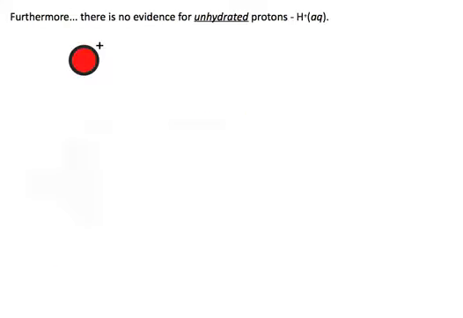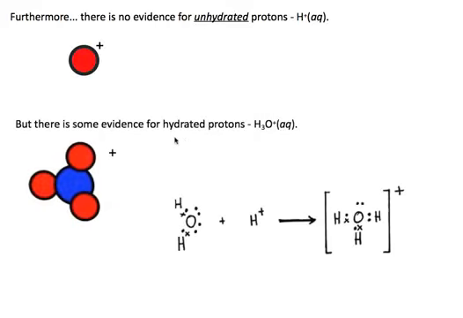And the other issue was this notion that they couldn't isolate or really see unhydrated protons, that is H+, in solution. On the other hand, they did have the evidence for hydrated protons, and that should kind of make sense. Here's water, and here's a proton. A proton is a very reactive species. It is going to combine with the water, and in fact it does.